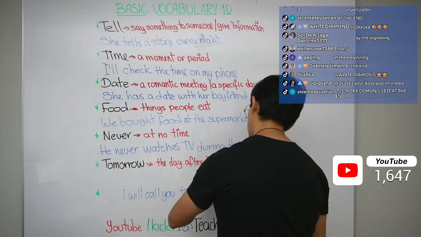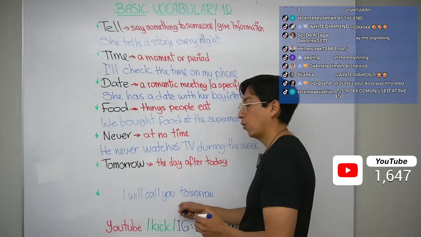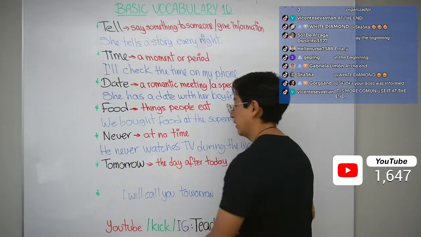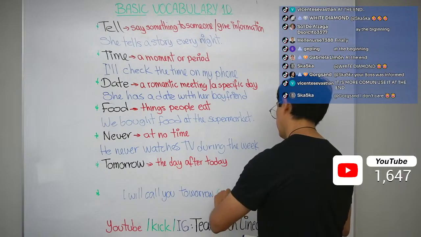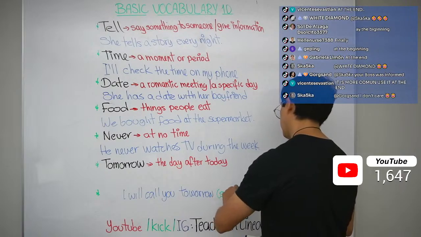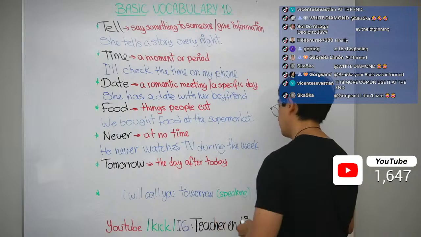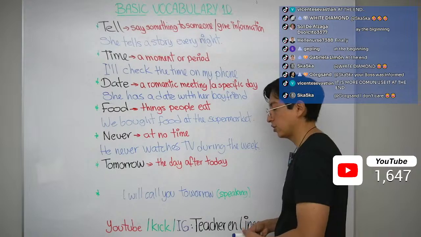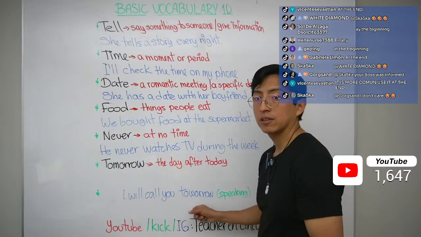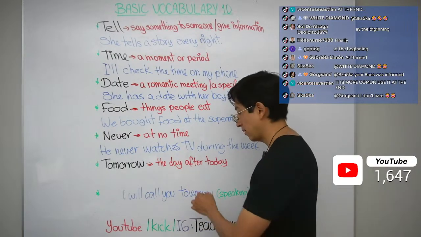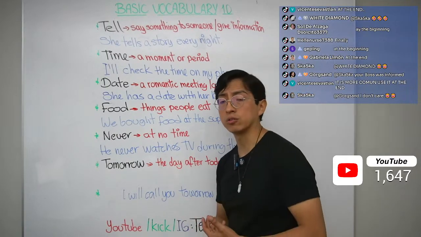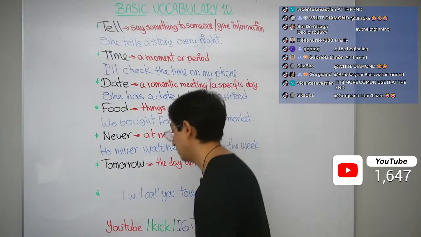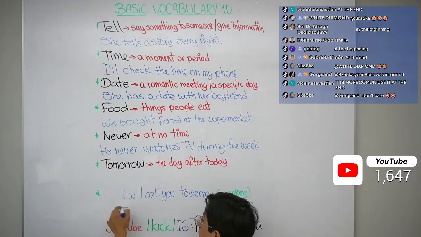So that is the most recommendable position for speaking. If you listen to an American guy talking, that is the first position. We're talking about the last part of the sentence. I will call you tomorrow, or I'll call you tomorrow. Now, teacher, can I say tomorrow?